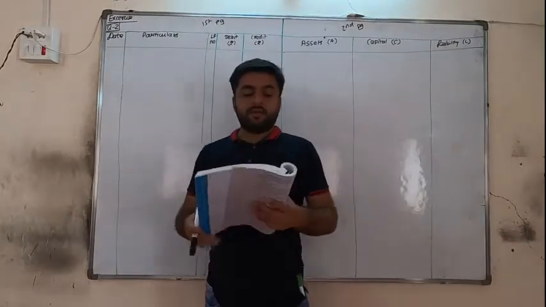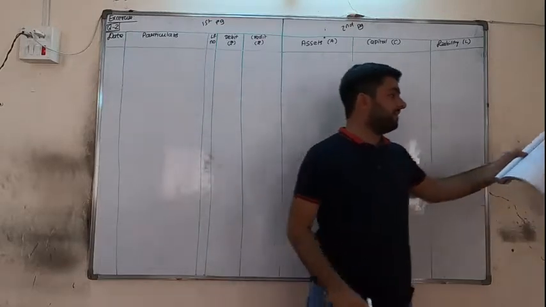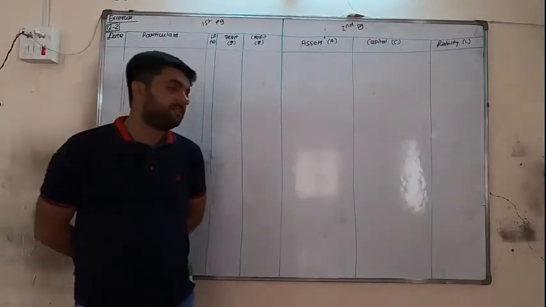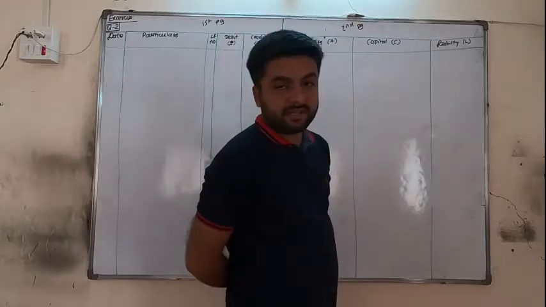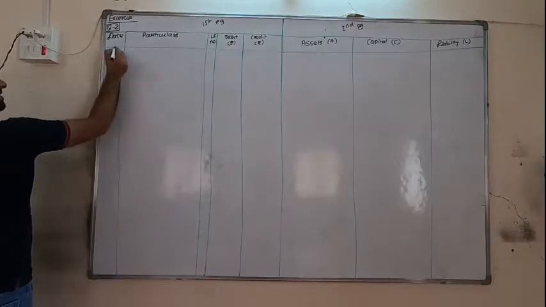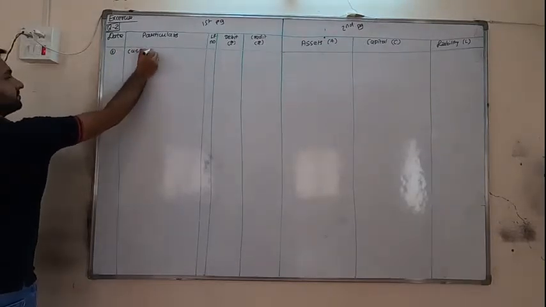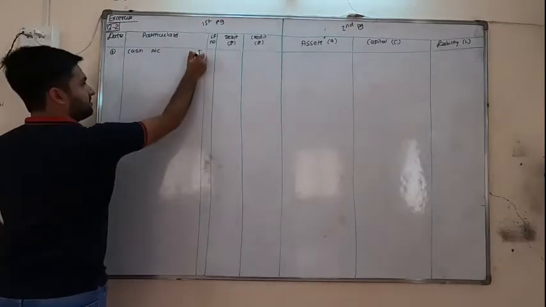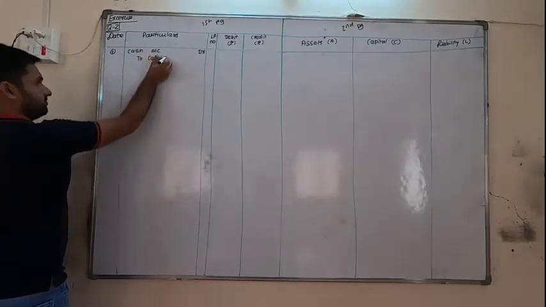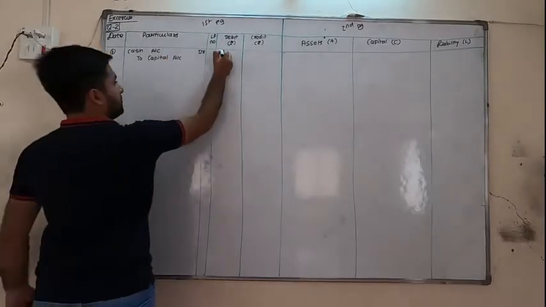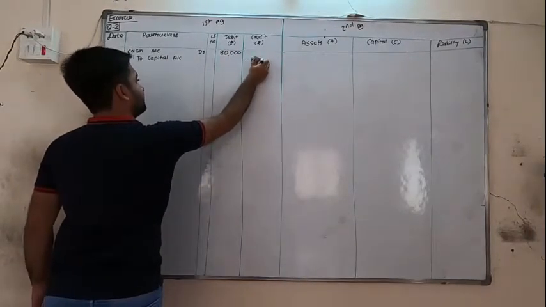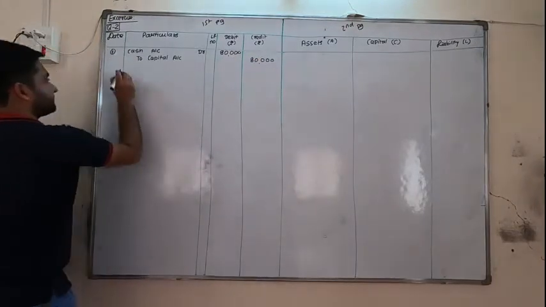Okay. Commenced business with capital of 80,000. We are starting the business with a capital of 80,000 rupees. Cash is coming in, the owner is the giver, so the entry will be, there is no date, so numbers are given. Number 1, cash account debit to capital account, on debit and credit 80,000.